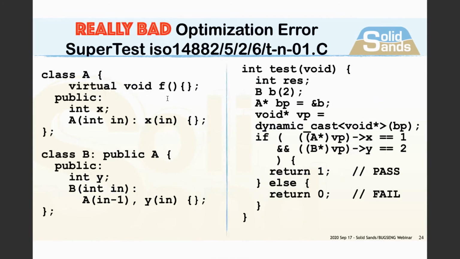So one final optimization error, and I'm presenting this now because I'm going to give this one to Roberto, because this was an error that we found not so long ago in GCC.